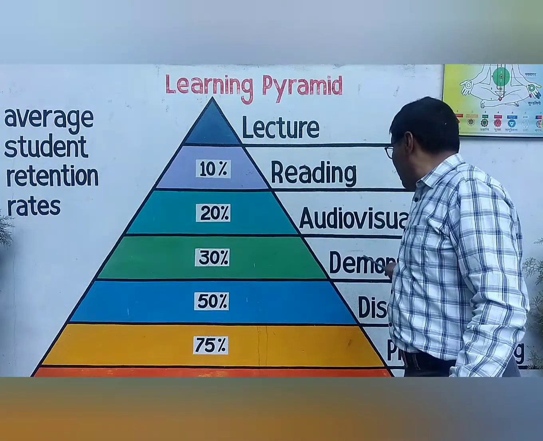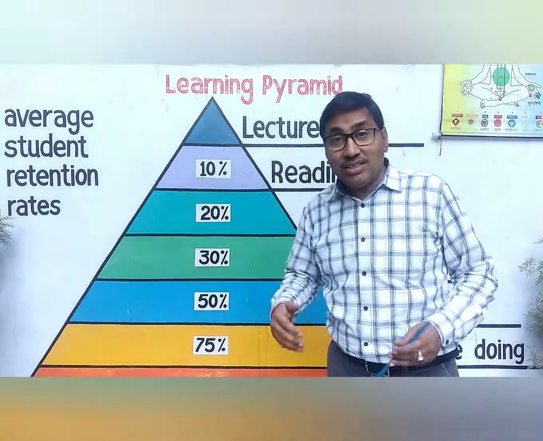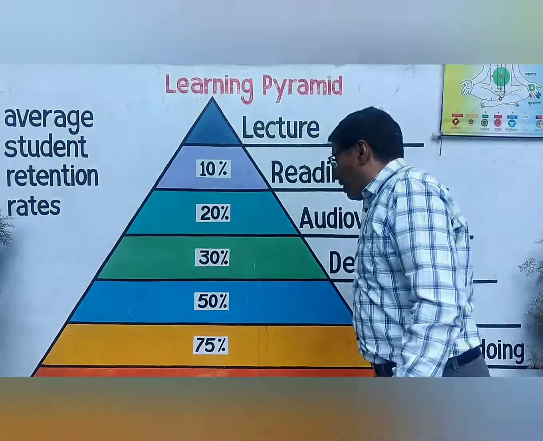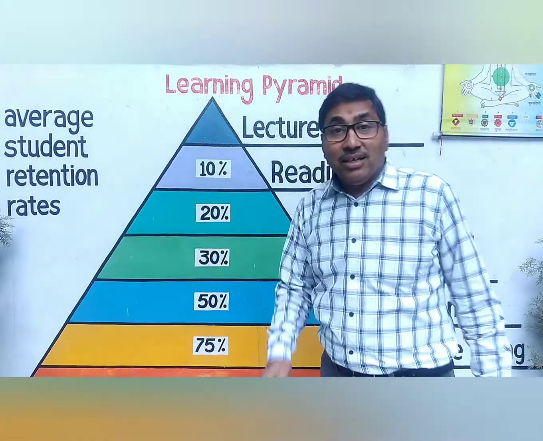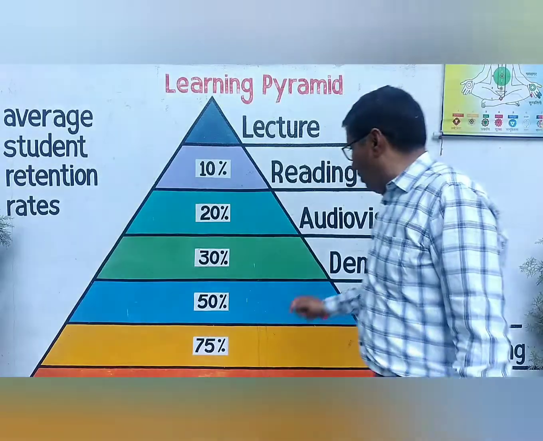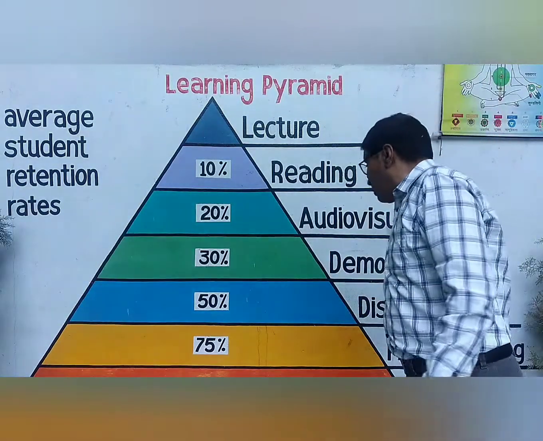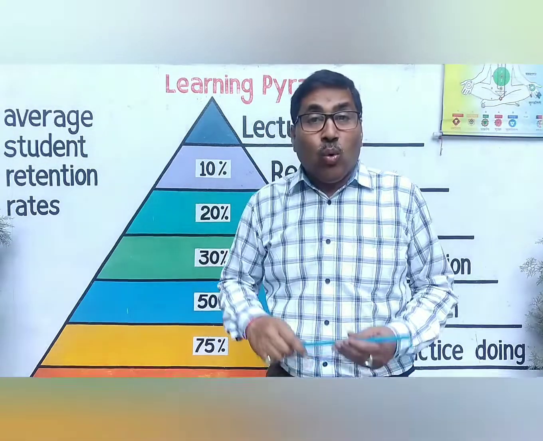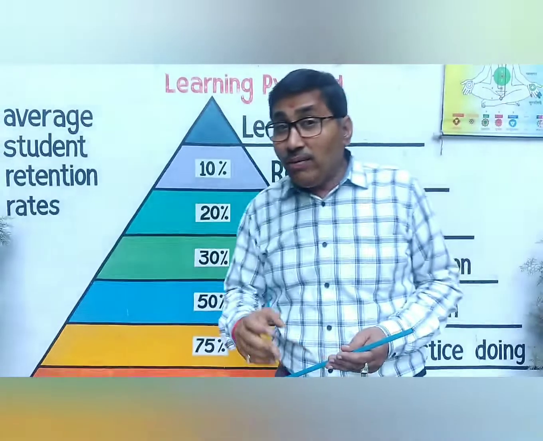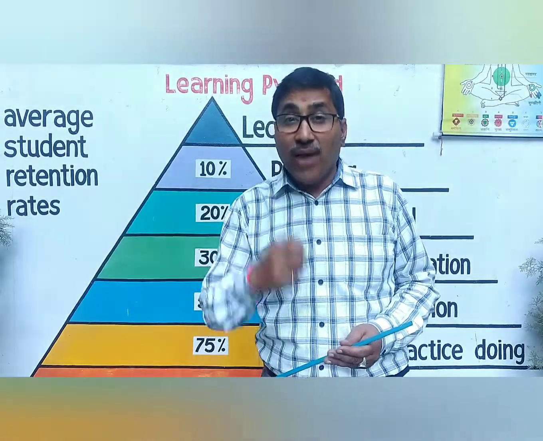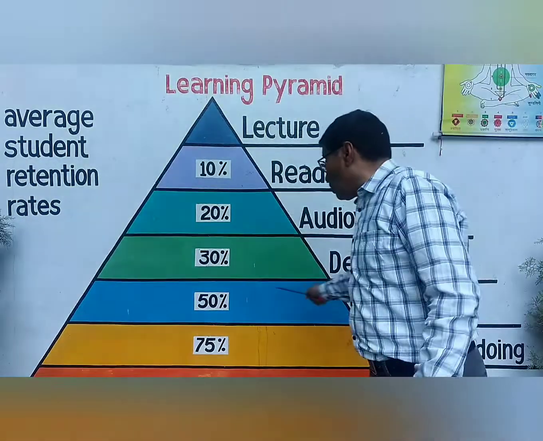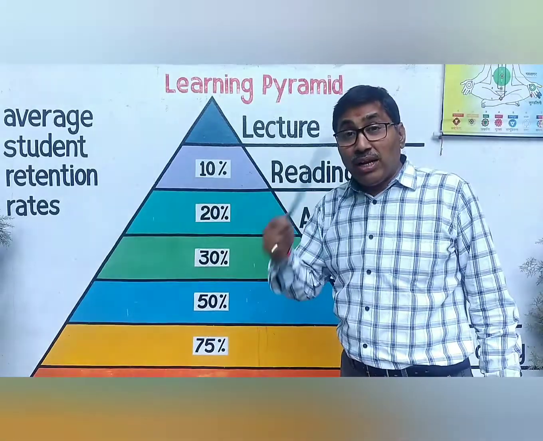Third, demonstration. Demonstration means whatever I do here. Through demonstration, anybody can learn and retain 30%. Next, discussion. When we have in memory some facts, ideas, theory, then we can discuss all those matters which we learned before.